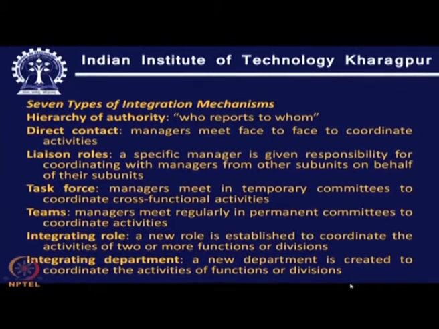Seven types of integrating mechanisms are, first, hierarchy of authority, in the sense of who reports to whom. Next is direct contact, in the sense managers meet face to face to coordinate activities.